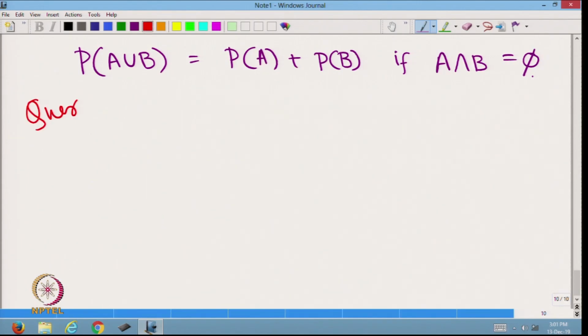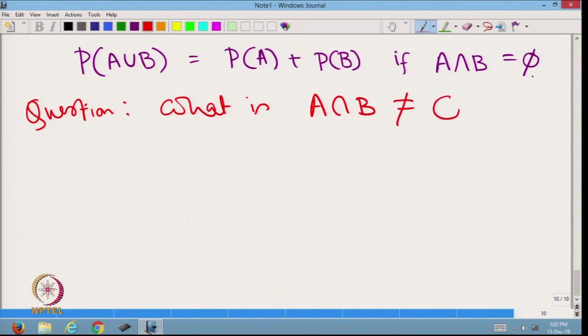Question: what if A intersection B is not equal to phi?